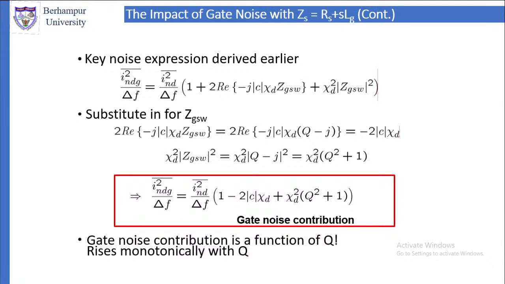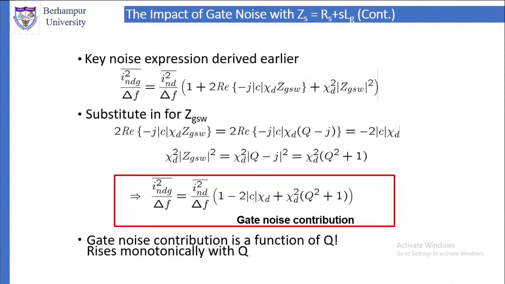Now we already know the expression for the noise. In that, substitute ZGSW as Q minus J. Putting those values, you will get 2 times the real part of minus J times absolute of C times xi d times JGSW.